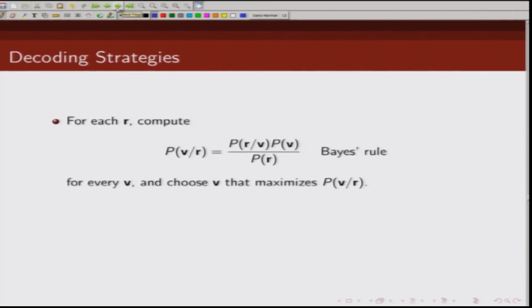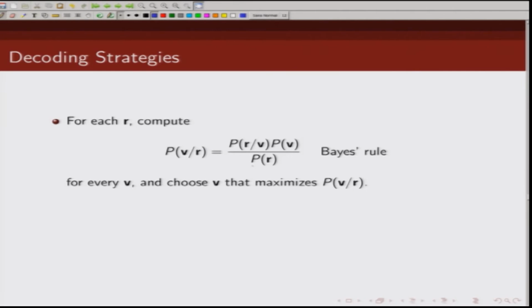So, we have to maximize this. Now, using Bayes' rule, we can write the probability of V given R as the probability of R given V multiplied by the probability of V divided by the probability of R, and this has to be maximized for every V. So, we should choose our V such that this thing is maximized.